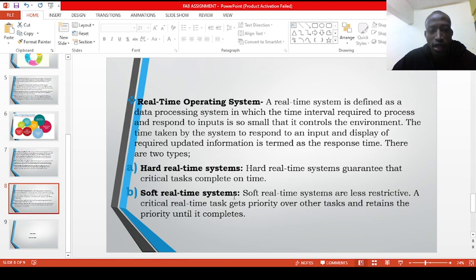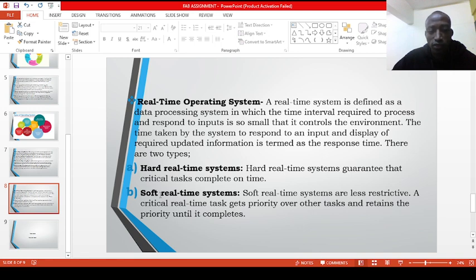We have what we call the hard real-time, and in hard real-time we are talking about the system guaranteeing that critical tasks are completed on time. A very good example of this is what they normally use in the airline reservation systems, airline control systems. They use what we call the hard real-time systems. They are also used in hospitals, particularly to do with sensitive operations.